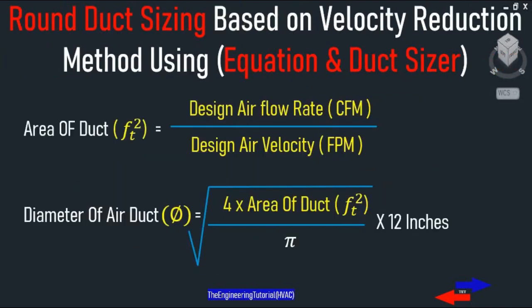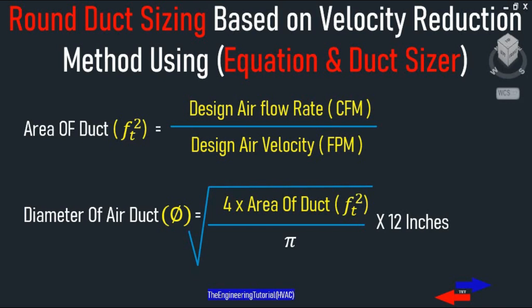To find all these branches and main supply duct diameters, the first step is to find the area of the duct by dividing the design airflow rate by the air velocity.